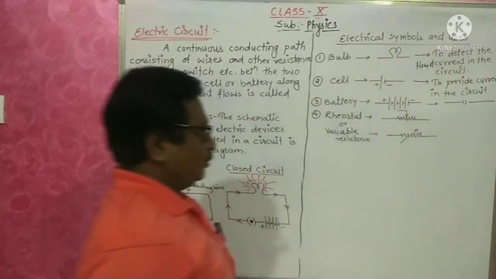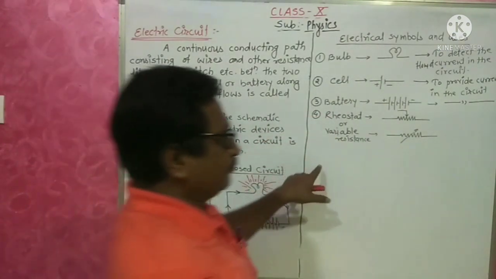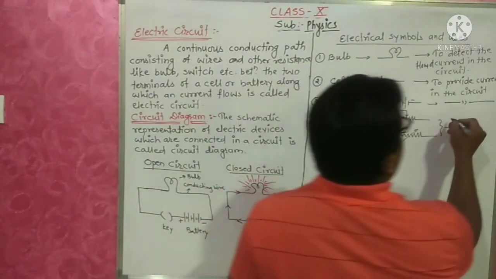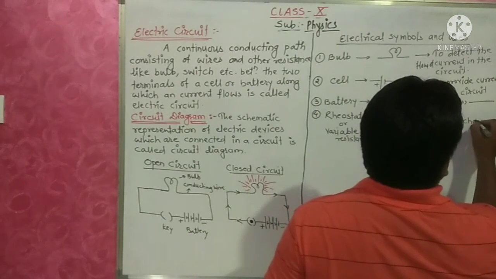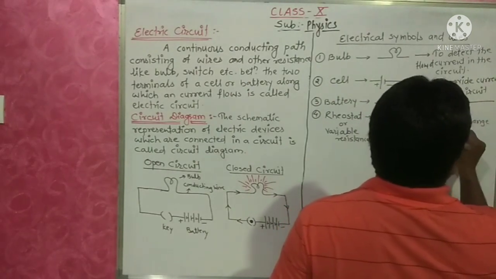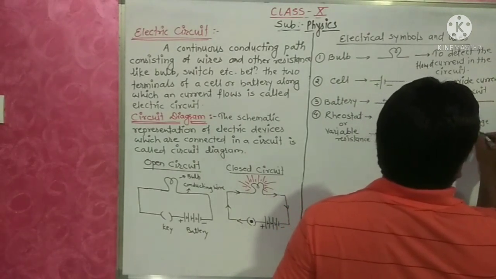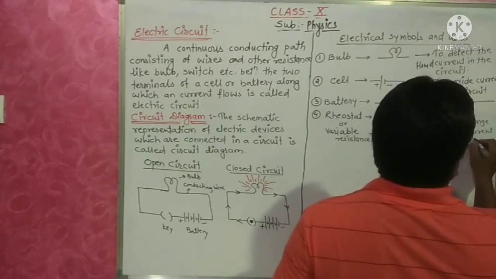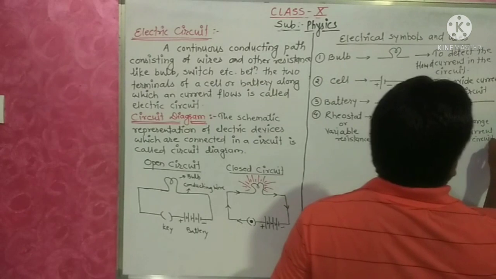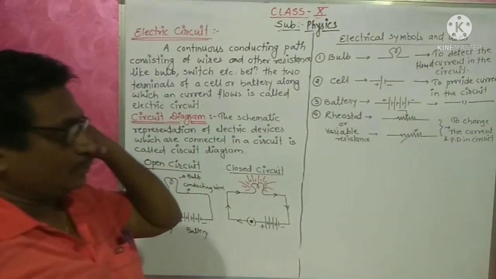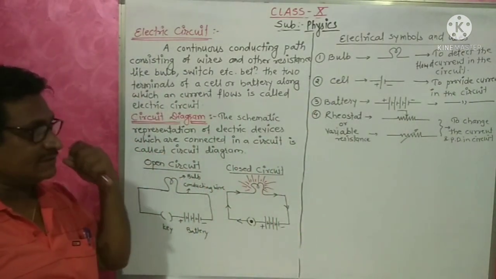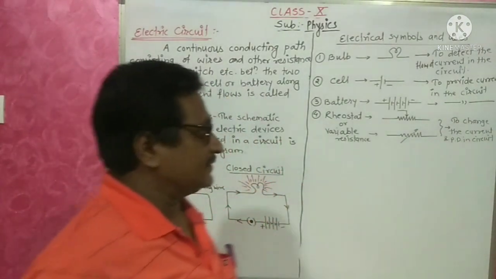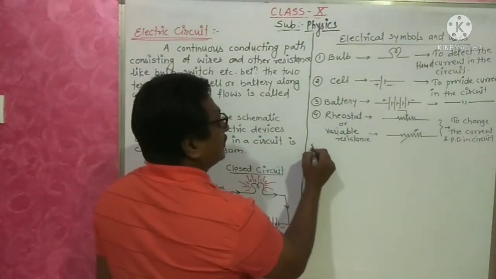Both are the same. What is the use of this? To change the current and potential difference in the circuit. What is the use of rheostat and variable resistance? To change the current and potential difference in the circuit.